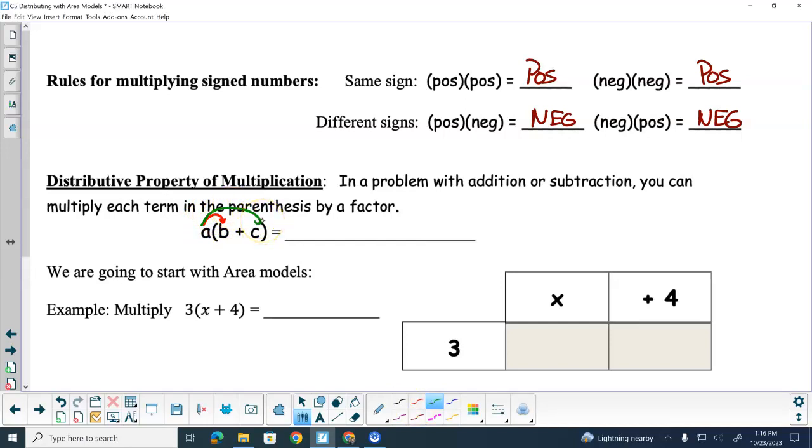Okay? Because whatever that term is in front of the parentheses has to be multiplied into all of the parts inside the parentheses. So into all of the terms inside the parentheses. So that ends up giving us A times B plus A times C. We have to multiply that A into both of them.